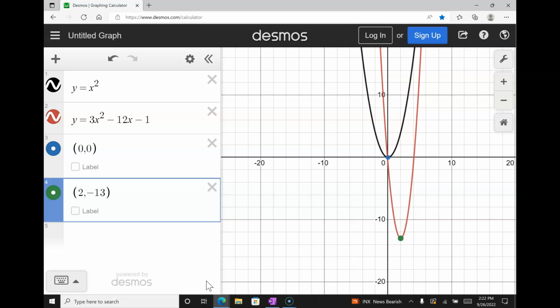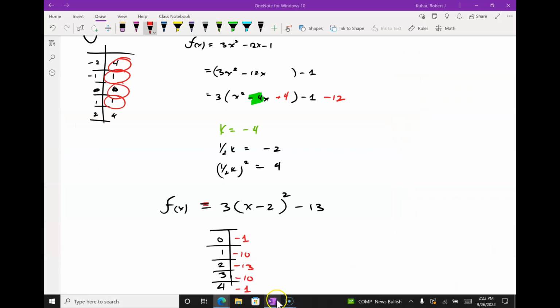Look, do you see that they're matching up? If you see my first curve going through 0, 0, 1, 1, my second curve, I'm going to move over 2, right?